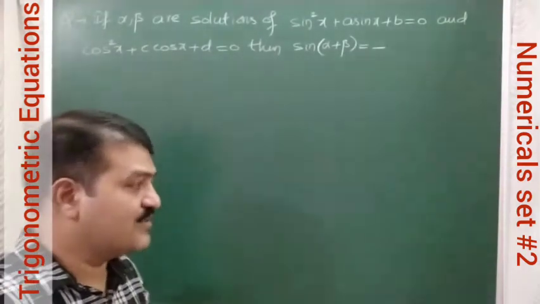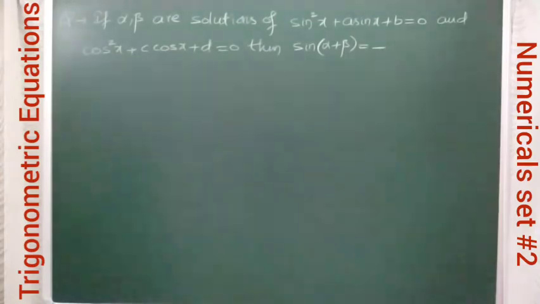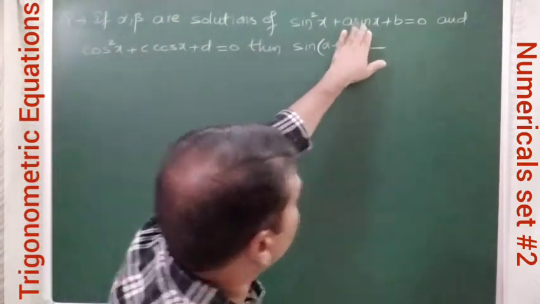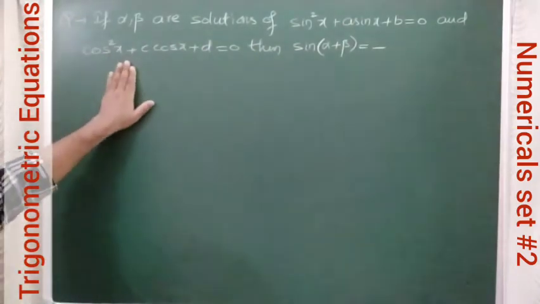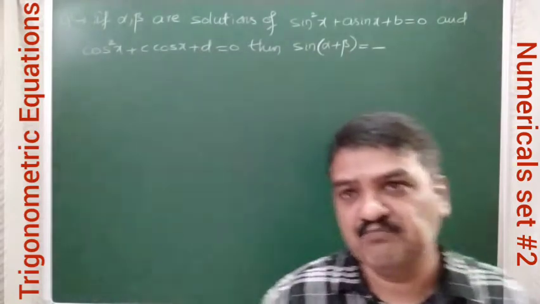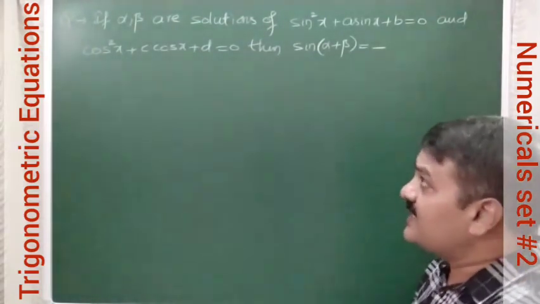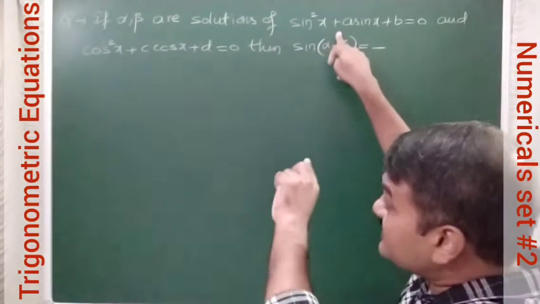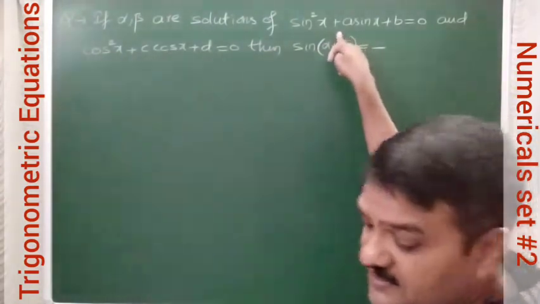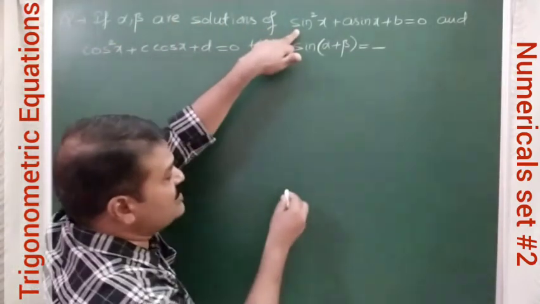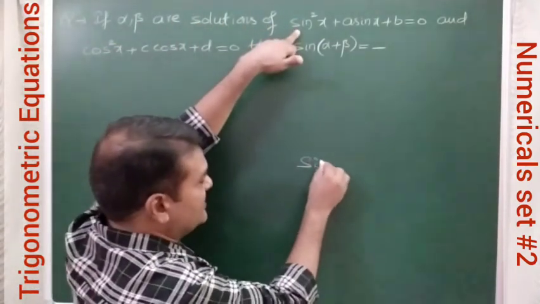This is the next question on the board. Alpha, beta are solutions of this equation and this equation. Then sin of (alpha plus beta) is required. Since alpha, beta are solutions of this equation, which is in terms of sin x, the thing we have to observe is that this is an equation in terms of sin x.